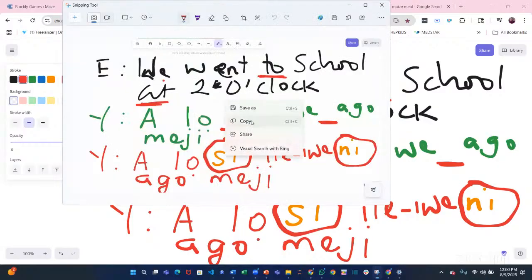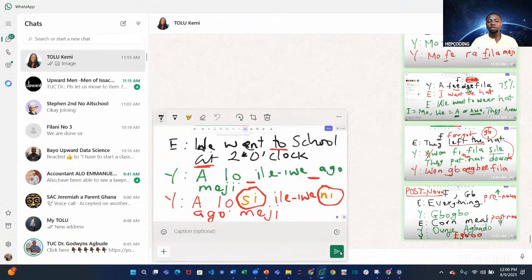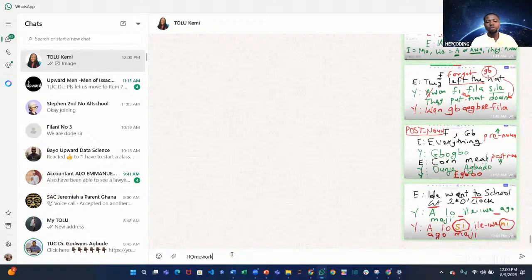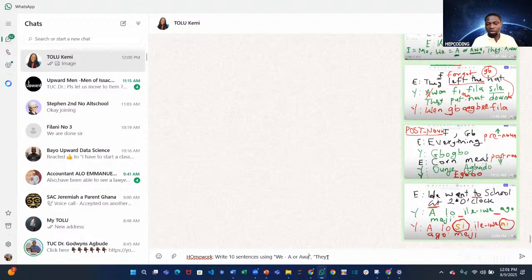Homework: write 10 sentences using we, they, which is àwa, and wọ́n or àwọn.